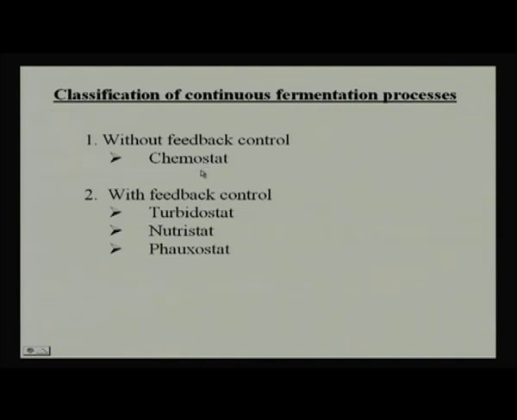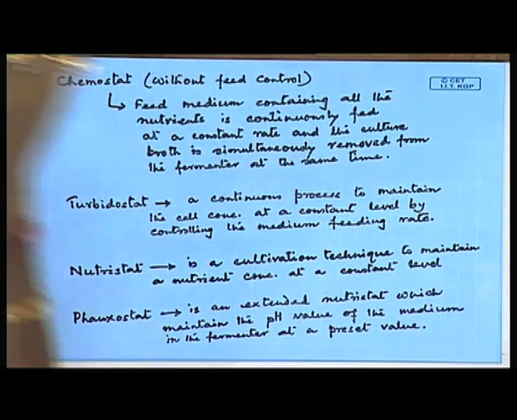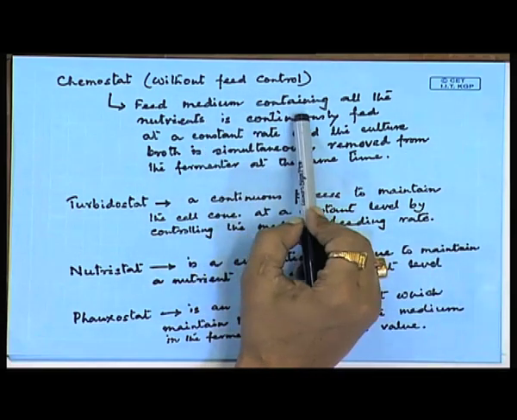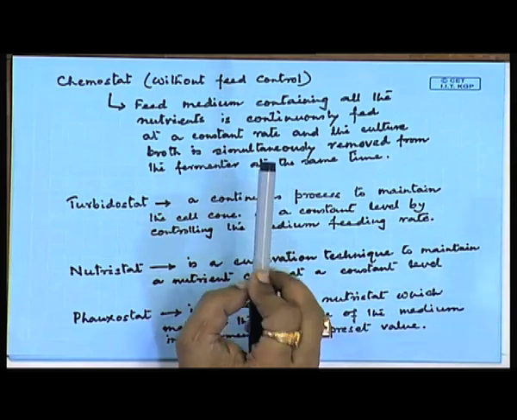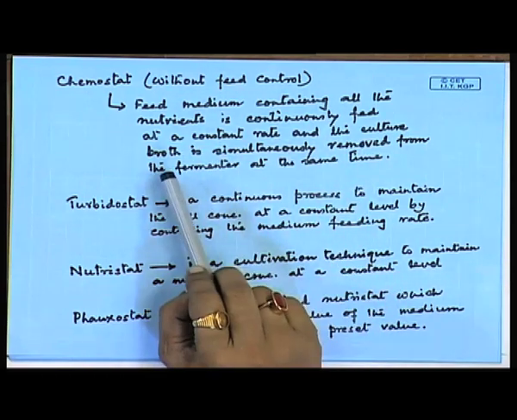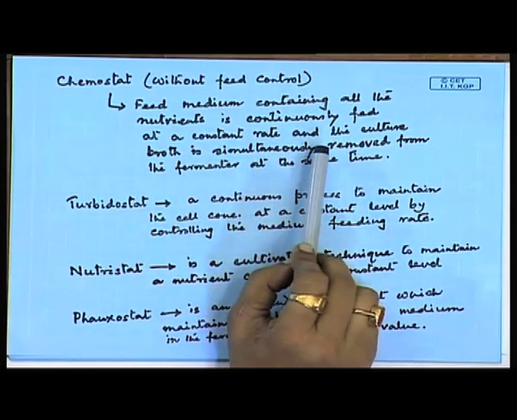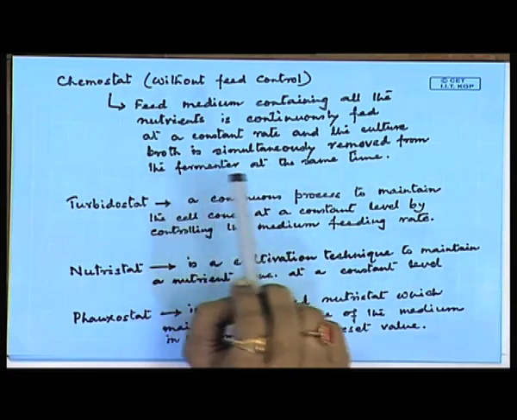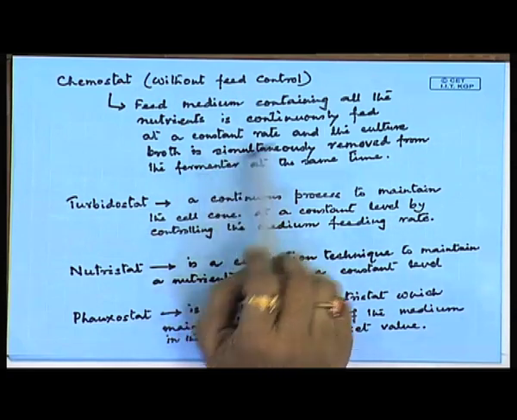Here, with the chemostatic model, the feed medium containing all the nutrients is continuously fed at a constant rate, and the culture broth is simultaneously removed from the fermenter at the same time.